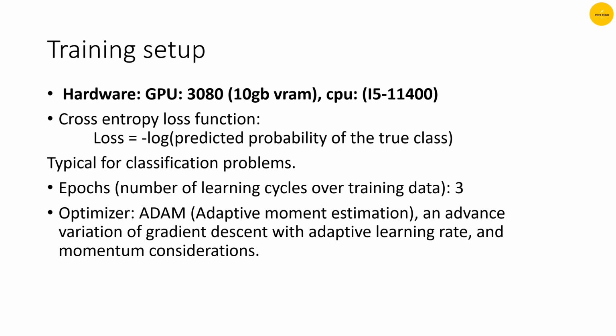It's particularly effective because it incorporates adaptive learning rates for each parameter, meaning it automatically adjusts how big a step to take during optimization, and it also considers momentum from previous gradients. This combination typically leads to faster convergence and more stable training compared to simpler optimizers.